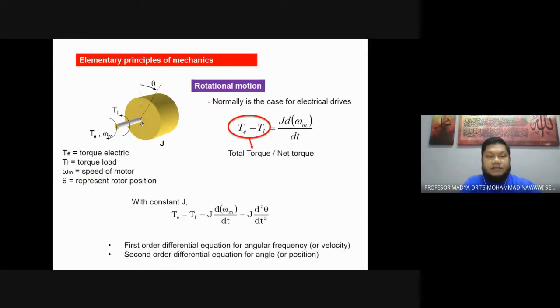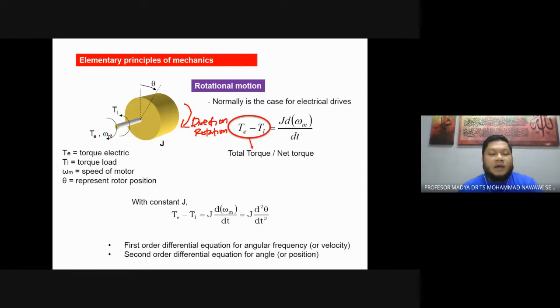Right. Next, again, we look into rotational motion. Just now it was linear motion. Now we talk about rotational motion. So let's say that this is your rotor and it rotates in this direction, the direction of rotation.